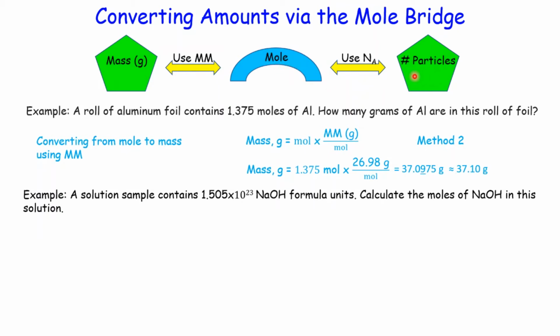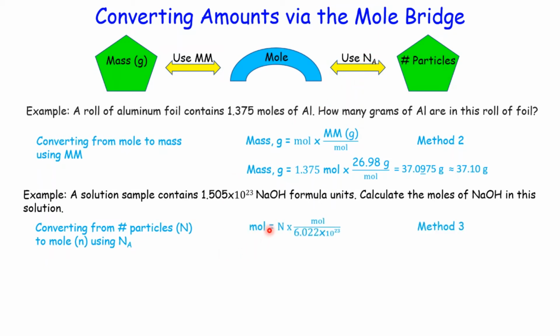So therefore, we are going to do a conversion from particle to mole. Okay? So converting from number of particles to the number of moles. And of course, the conversion factor here has to be Avogadro number. This happened to be method 3 from the previous slide. Okay?